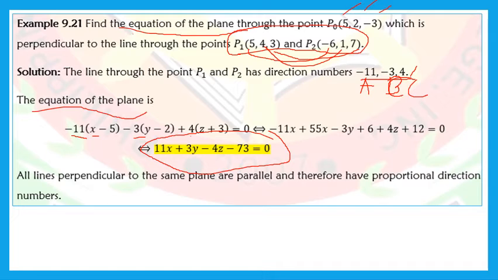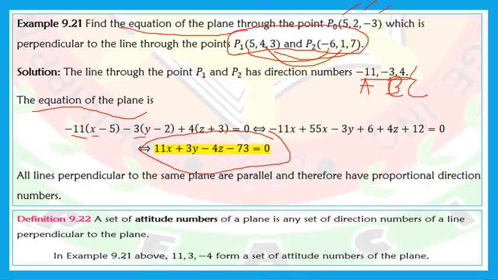So all lines perpendicular to the same plane are parallel and therefore have proportional direction numbers. In definition 9.22, class, a set of attitude numbers of a plane is any set of direction numbers of a line perpendicular to the plane. Okay, so dito naman, may tinatawag tayo na set of attitude numbers.